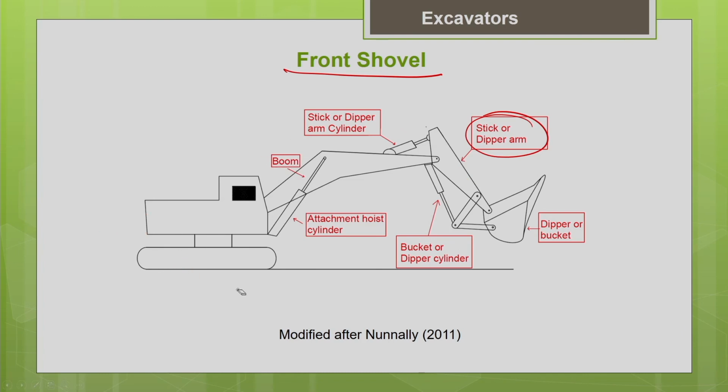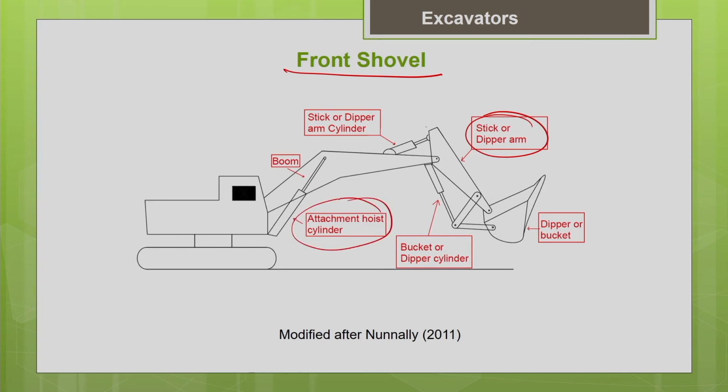You will be having IC based diesel engines to operate the hydraulic pump, motor, and the hydraulic cylinders, which deliver the power for the digging operation. There are different types of cylinders you can see. The one connected to the boom is called the boom cylinder, or hoist cylinder.